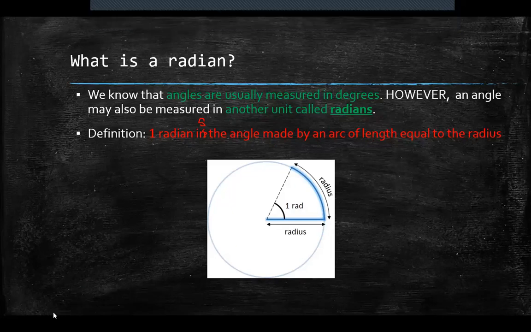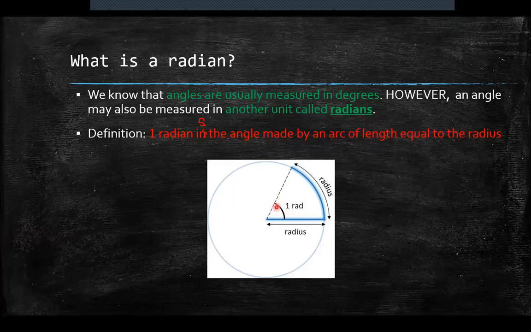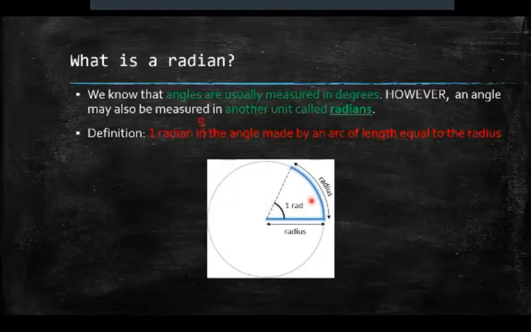So looking at this, because diagrams always help. This is 1 radian, right? So this is my angle. It's not measured in degrees, it's measured in radians. And this angle, they said it's 1 radian. 1 radian is the angle made by an arc of length equal to the radius. This is my arc.